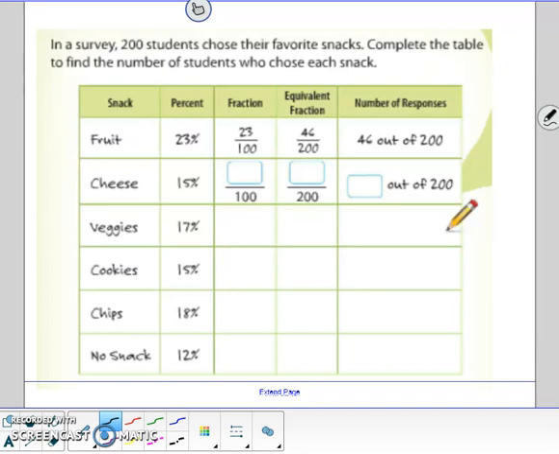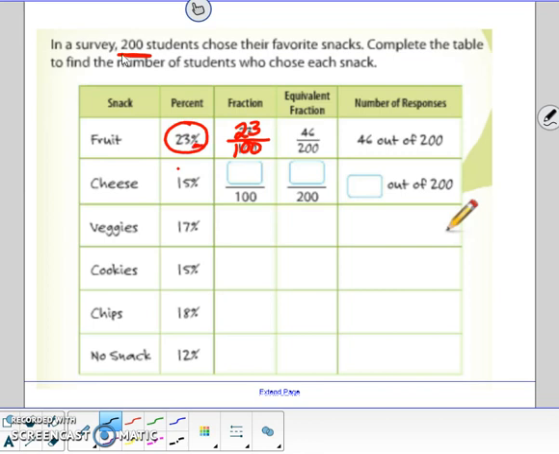Let's look at this. In a survey, 200 students chose their favorite snacks, and we're going to complete the table to find the number of students who chose each snack. For fruit, 23% of students chose fruit, so our first fraction is 23 out of 100, because we saw the percent sign.